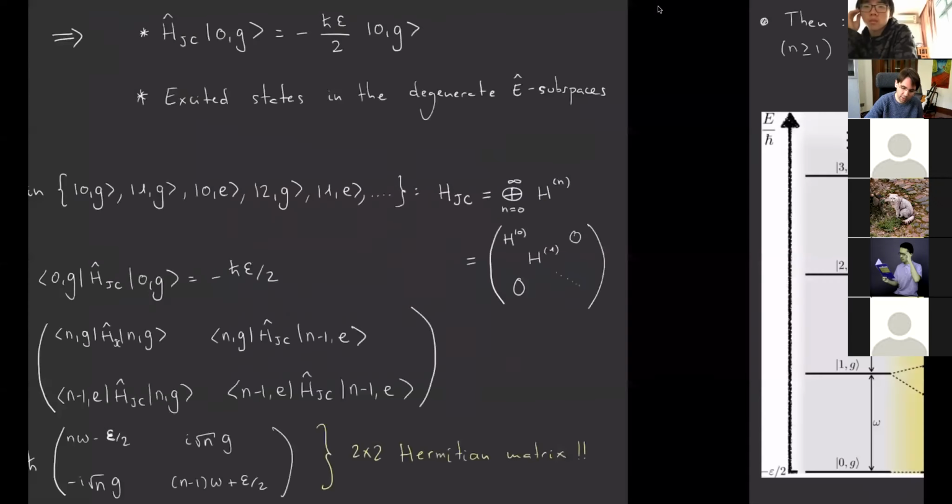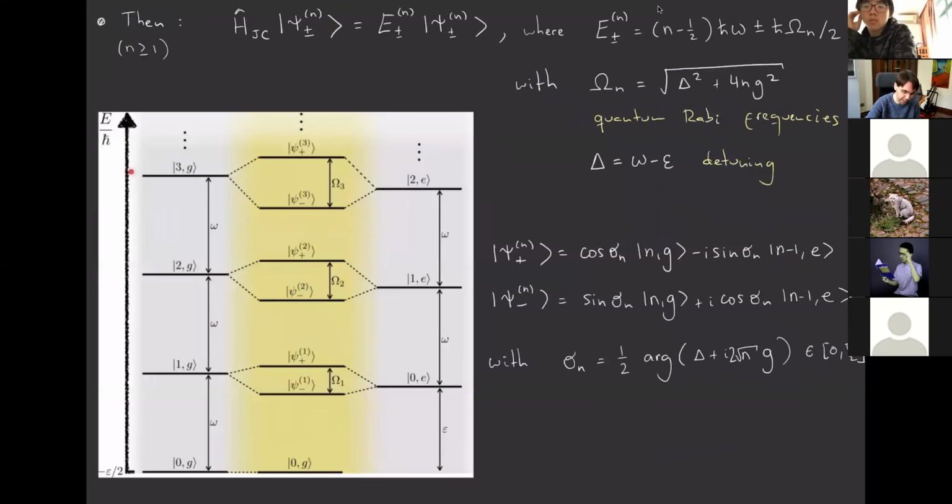So this means that if we plot the eigenenergy, what we will get is that when the atom is in the ground state, we have the possibility of having 0 photons or 1 photon and therefore an energy h bar omega, or 2 h bar omega, 3 h bar omega, etc. So we have one harmonic ladder.